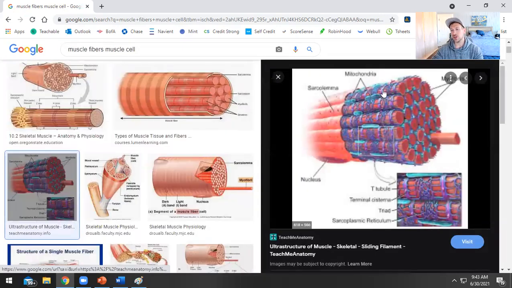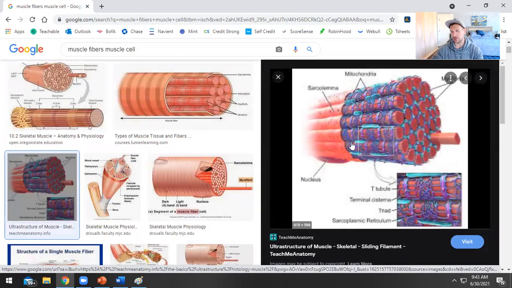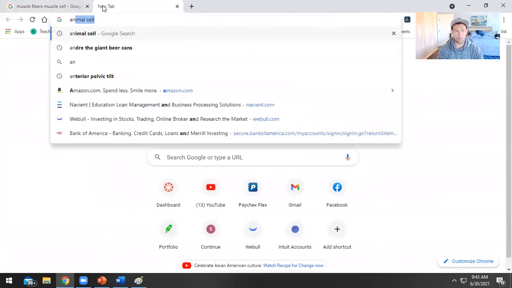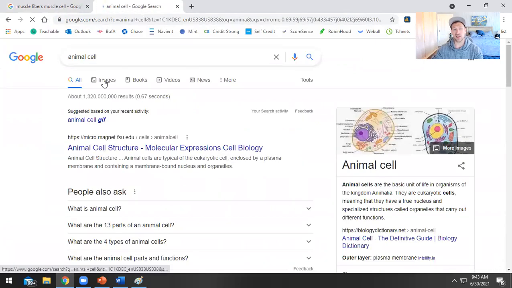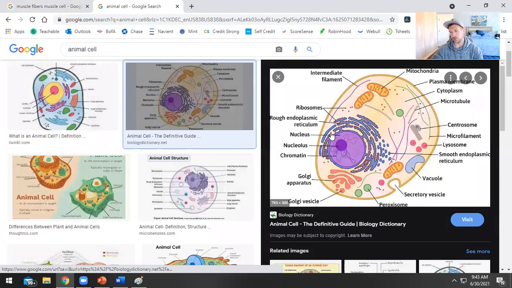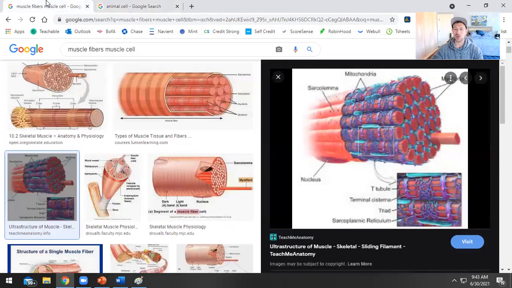Okay. So here's an individual muscle cell, and you can see this little tubing, this webbing here. We call that your sarcoplasmic reticulum, which is a specialized version of the endoplasmic reticulum, which is this stuff right here. So this little webbing, the endoplasmic reticulum, gets a special name in muscles.